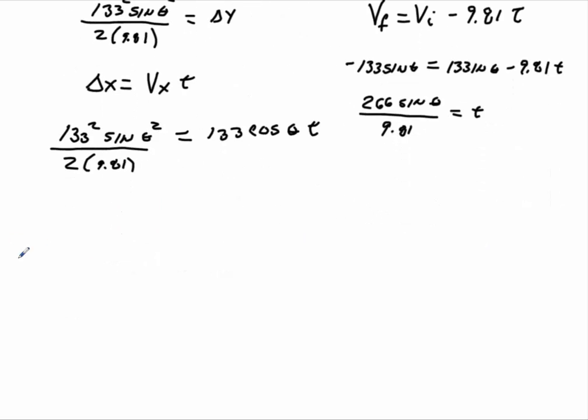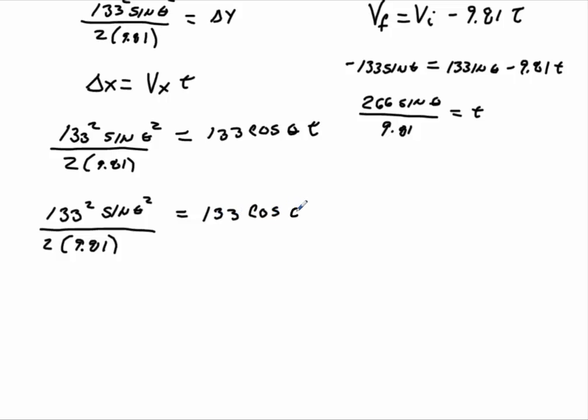So we're going to substitute that back in. It gives 133 squared sine theta squared over 2 times 9.81 is equal to 133 cosine theta times 266 times the sine of theta over 9.81.